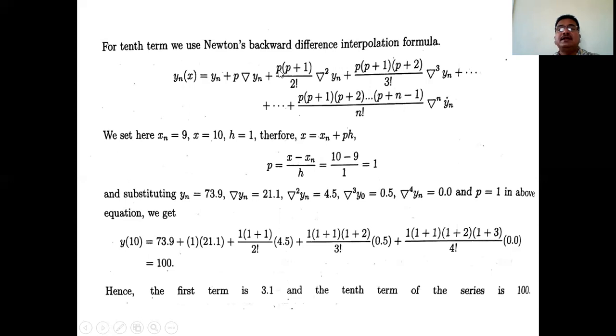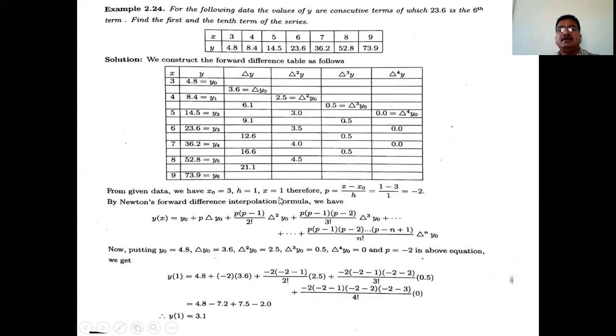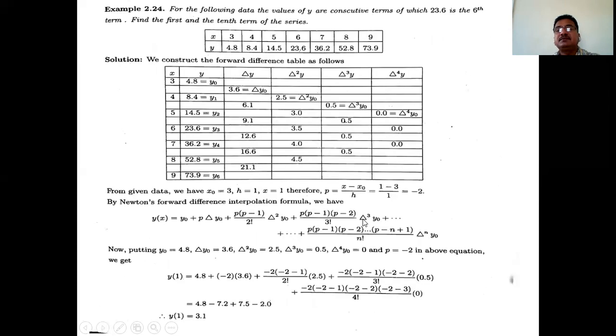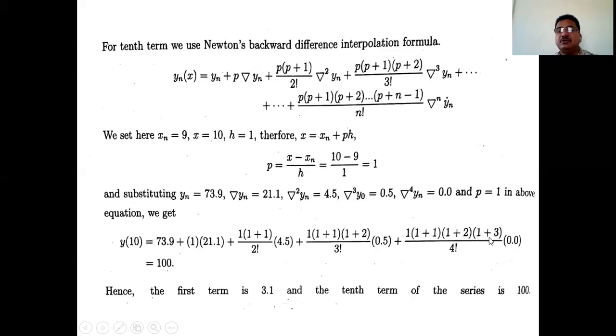Then u, that is 1, plus u(u plus 1) divided by 2 factorial, del square f of a plus nh, which is 4.5. Then the next term, u(u plus 1)(u plus 2) divided by 3 factorial, substituting u as 1, del cube f of a plus nh. What is del cube f of a plus nh? It is 0.5, and all the remaining terms are 0, and we have the answer, 100.